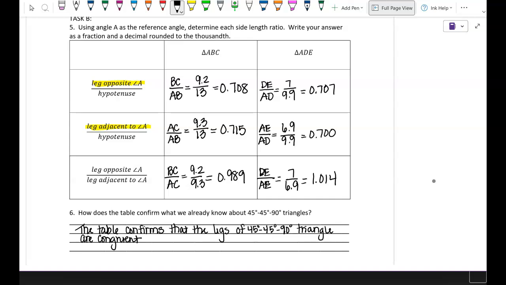And again, I know the ratios are slightly off, but the bottom row are both very close to being a ratio of 1 because those sides should be equal to each other, being a 45, 45, 90. Again, tells me I have a little bit of human error in how I measured my own triangle and how we measured the triangle that was on the page. We could be slightly off there. But again, it still confirms what we know, that the legs of a 45, 45, 90 triangle are equal to each other.